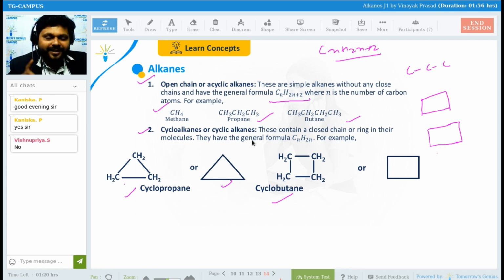This is cyclobutane, and cyclopropane will be a triangle. There will be no square and no rectangle, only cyclobutane. If a double bond comes in between, it will be different. Pentagon will also be there, hexagon will also be there.